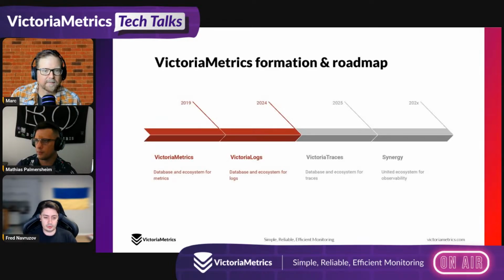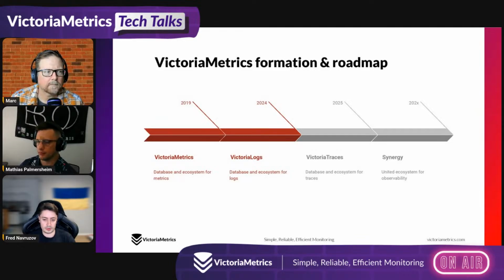Here you see that VictoriaMetrics is quite old, but it's quite stable and established. As long as the VictoriaMetrics team had built an infrastructure, database and ecosystem for metrics data, it then switched to a different pillar of observability, which is logs data. So we introduced VictoriaLogs, a database and ecosystem for logs.